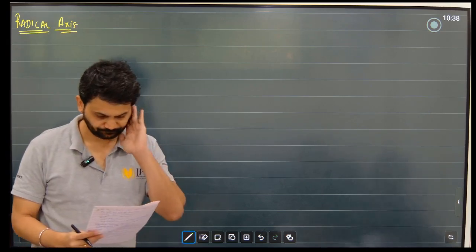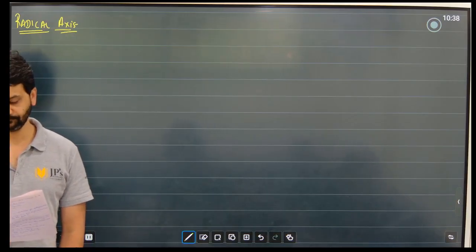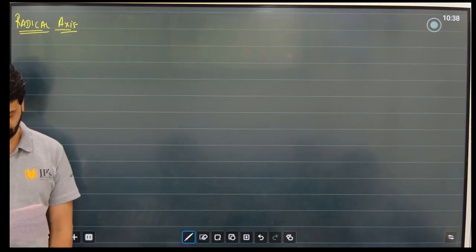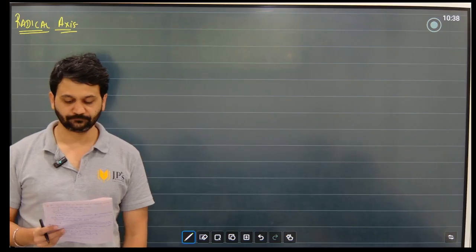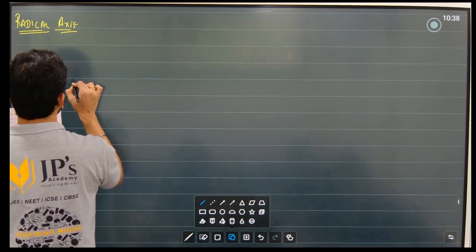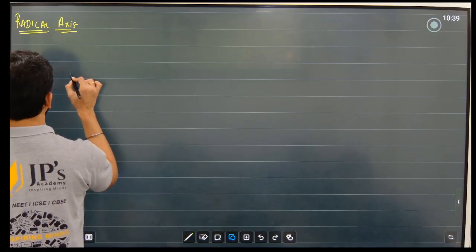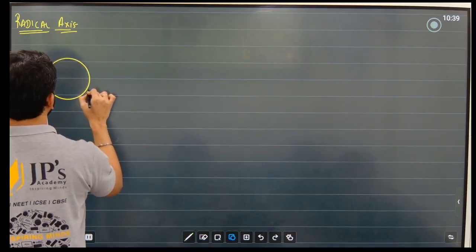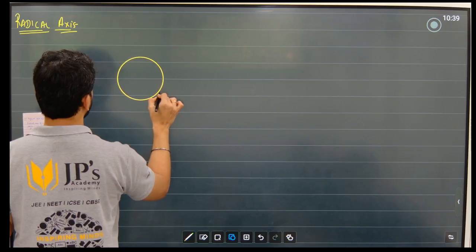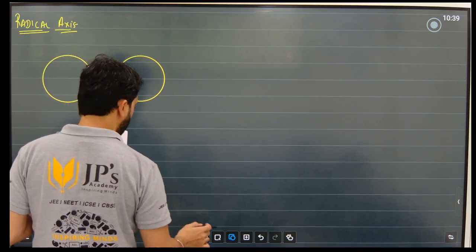Radical axis. Radical axis of two circles is the locus of a point whose power with respect to the two circles are equal.